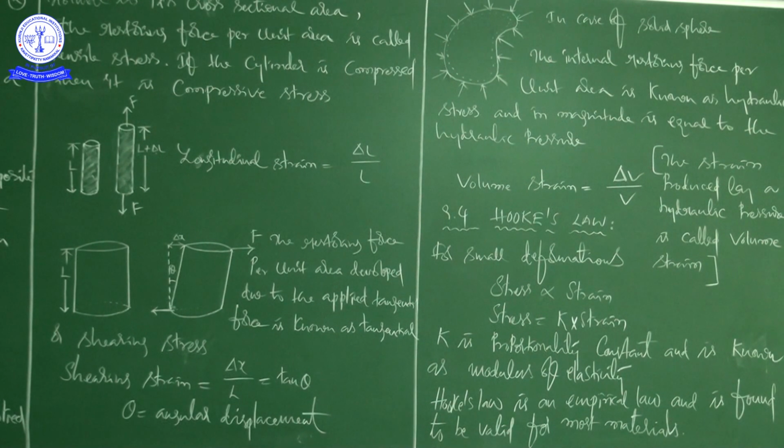Next, continuing to 9.4, Hooke's law. I already discussed Hooke's law in our previous class, but here they have given it mathematically and clearly. For small deformations, see why he mentioned small deformations. If the deformation is large, the body will get permanent deformation and become plastic, so we can't talk about elasticity.